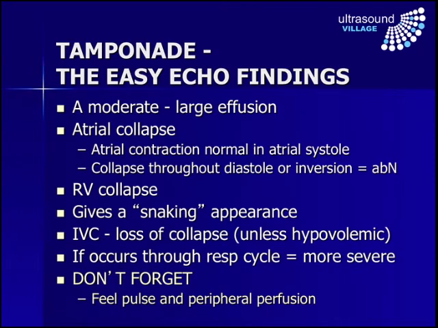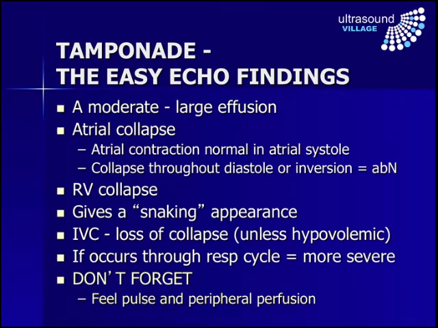With the exception of a loculated effusion, you will generally need a moderate to large effusion before you'll start getting tamponade effects. Atrial collapse can be seen quite easily on 2D. As we've mentioned, don't forget the normal atrial contraction in systole. However, collapse through diastole or inversion, which is the easiest thing to see, is abnormal.